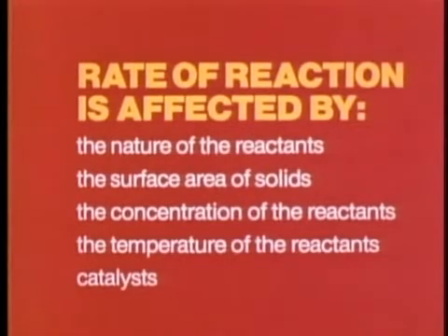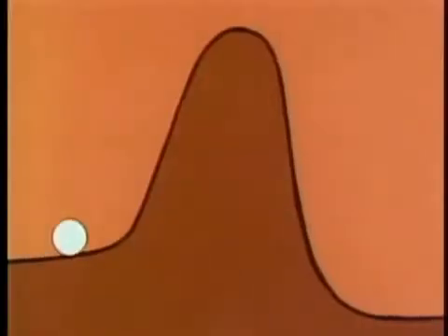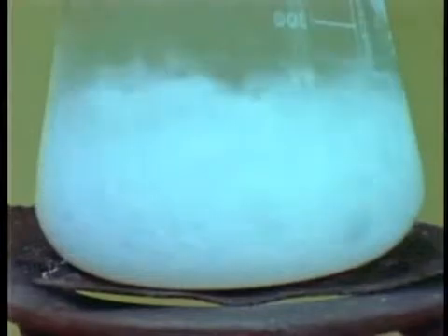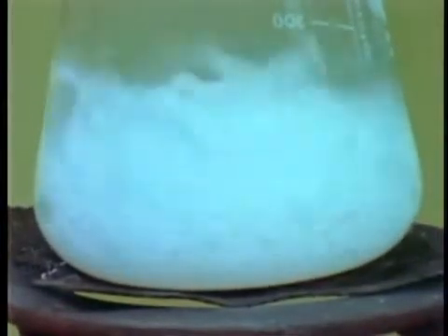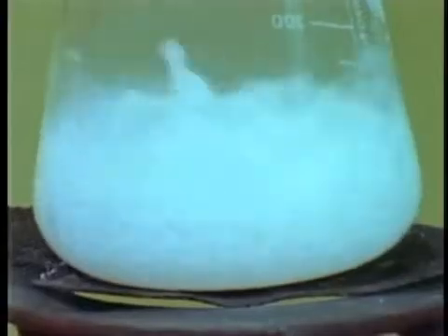The iodide ions act as catalysts. Catalysts are substances that can have profound effects on the rate of reaction. They work by providing what is called an alternate reaction path. For example, iodide ions change the reaction path by which hydrogen peroxide decays into water and oxygen.